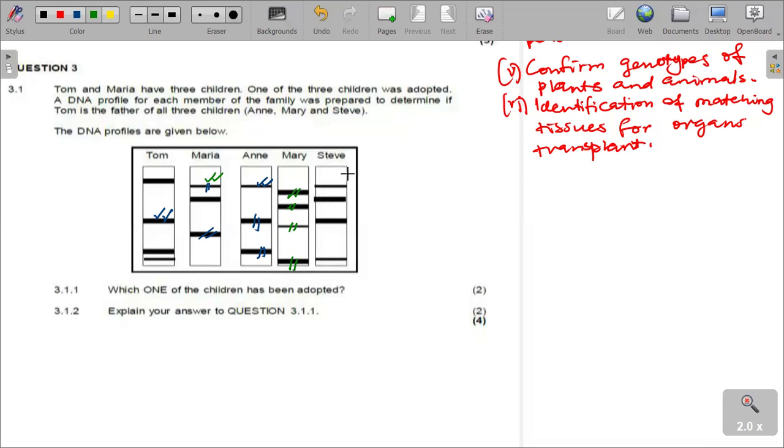However, we can look at Steve. The one for Steve has a smaller bar here, which can also be a replica of the one for Mary. We can mark it there. We have this bar here, this one here, which we can also say is still representing Mary.